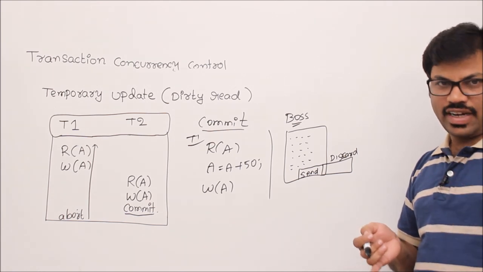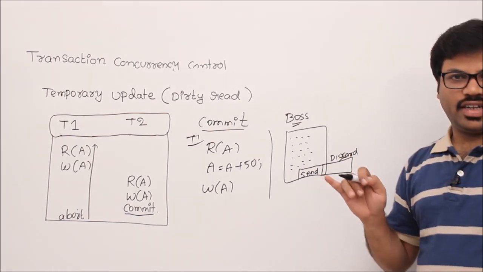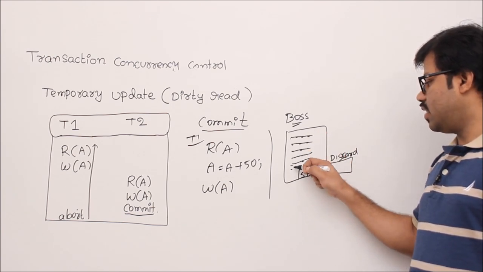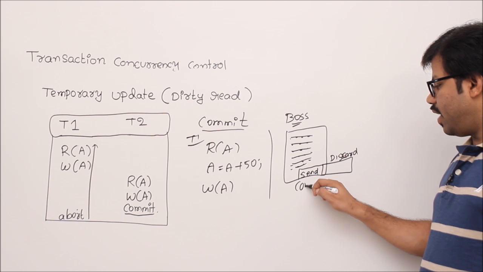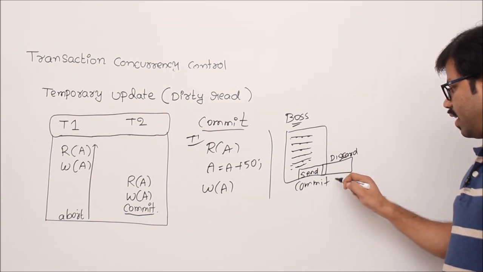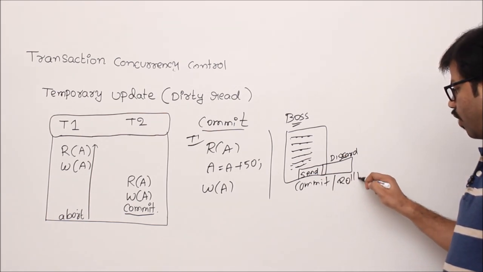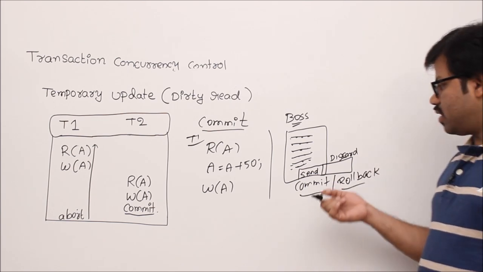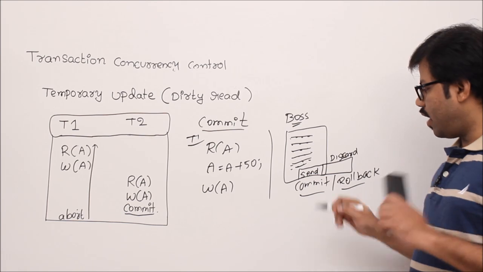That is what you realized later, and you thought of discarding it. So I can see writing the mail as a transaction, sending the mail as commit, and discarding it as rollback.